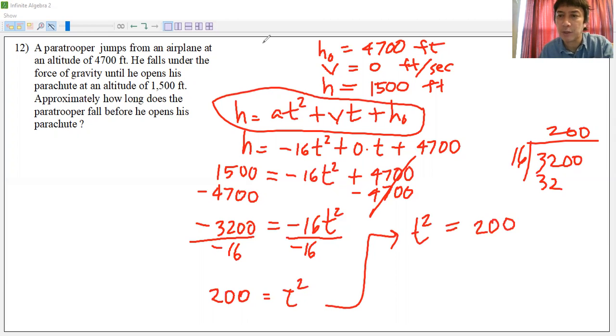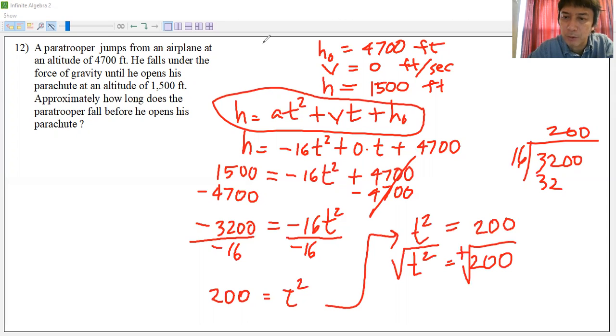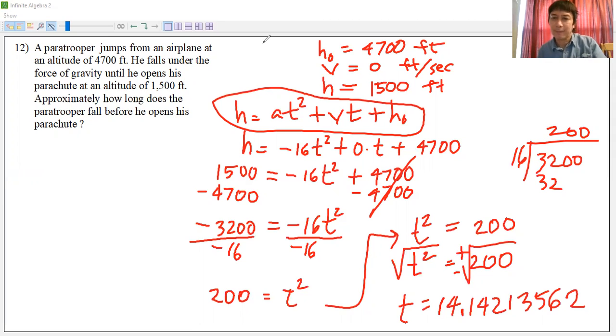So we shall apply square root. Square root of t squared, square root of 200, we have plus or minus, and t is equal to 14.142136562. That's the square root of 200.